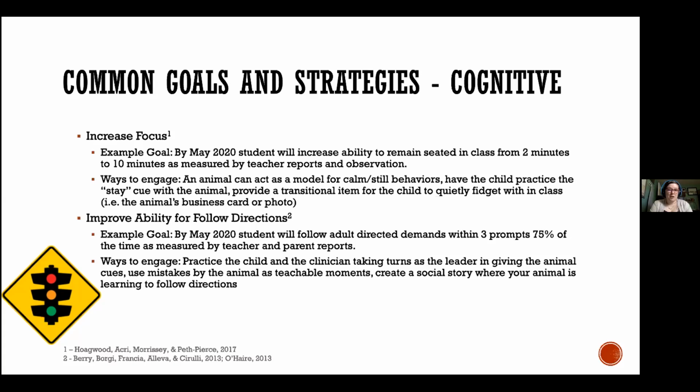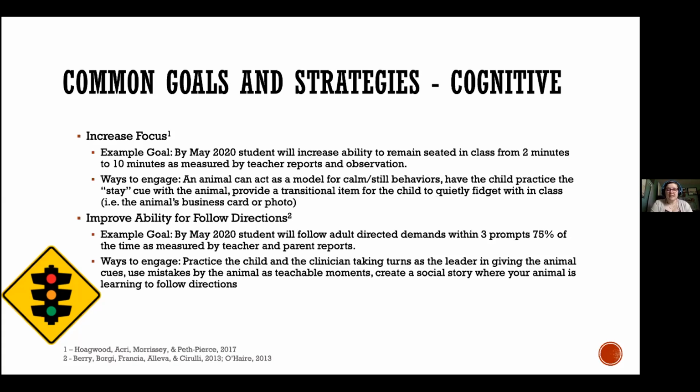Practicing any type of cue and then giving the child a turn to be in charge and changing those roles back and forth with any type of situation like that is great.